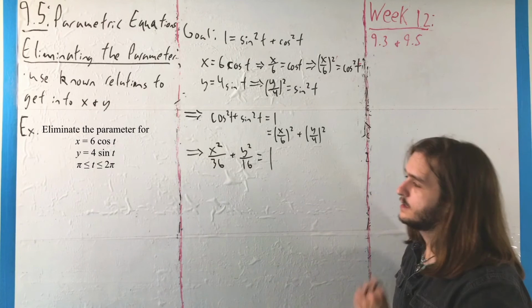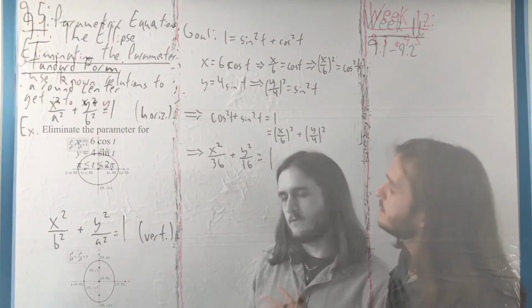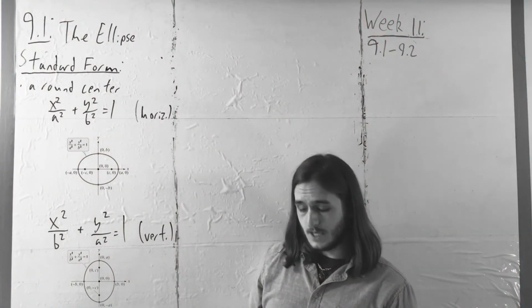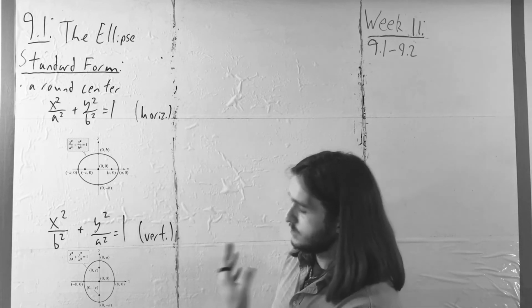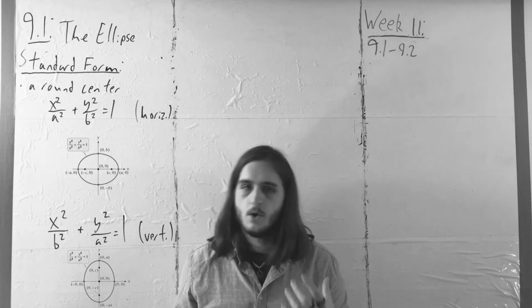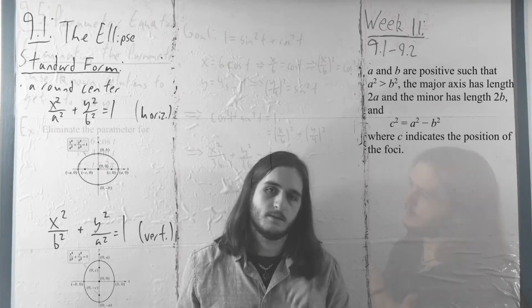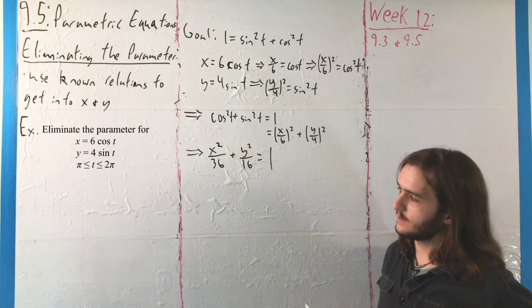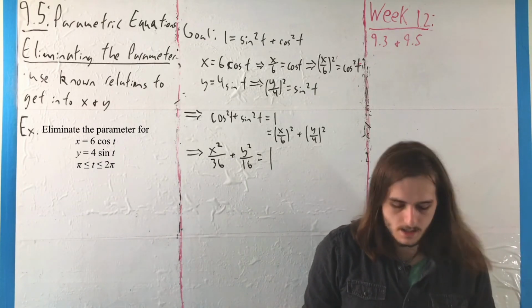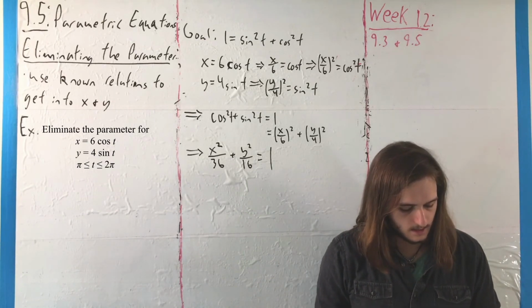Where this, flipping back to 9.1, is the equation for an ellipse centered at the origin with major axis horizontal and having value 2a equals 12, and minor axis being vertical with value 2b equals 8.